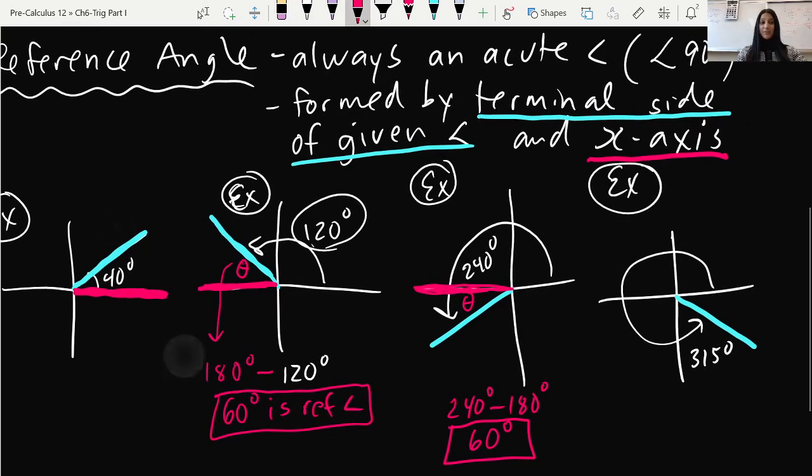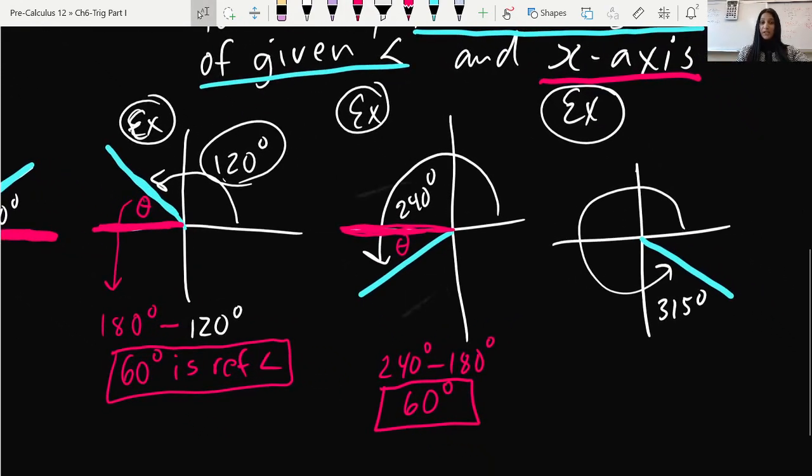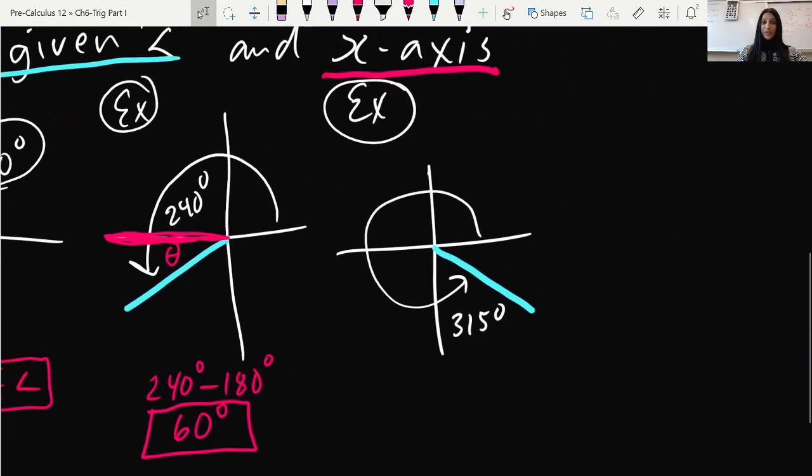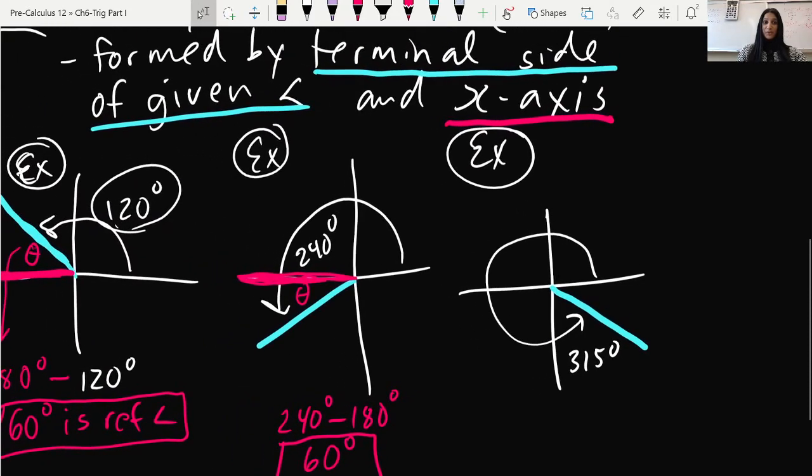So again, I keep the same pattern, and I'm going to zoom in to show you. If I want it from the terminal side of the given angle to the x-axis, this time I use the positive x-axis. Basically choose the closest x-axis that will allow you to give an acute angle. That's going to be my theta, or my reference angle.